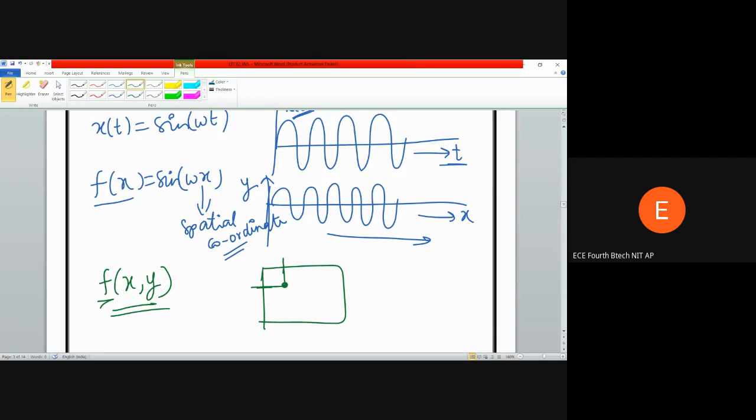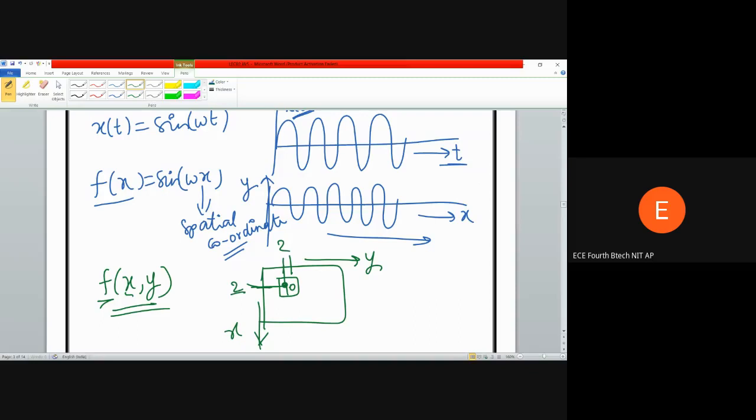That means at this particular location, let us assume the amplitude is some 10 at this coordinate. Usually we consider this as the x coordinate and this as the y coordinate. So let me assume this is 2, 2.